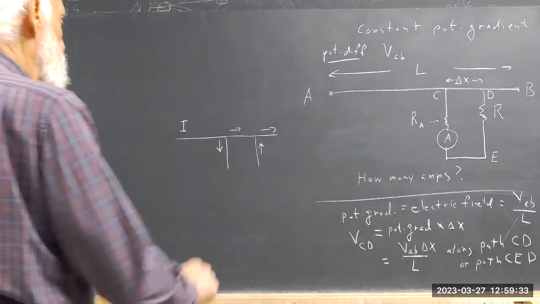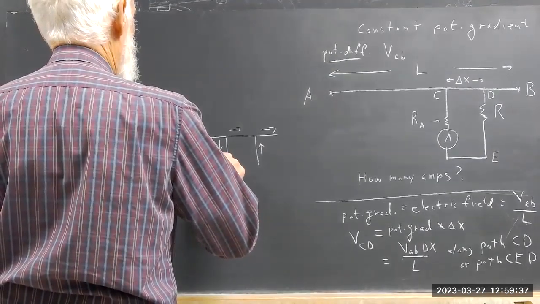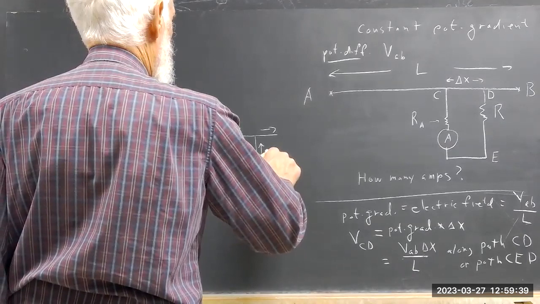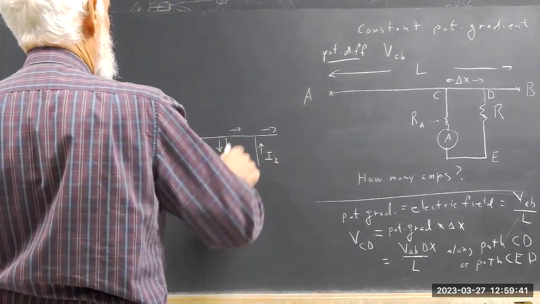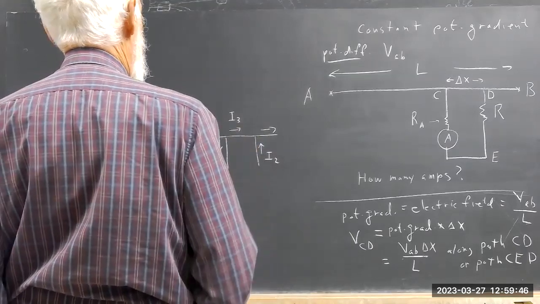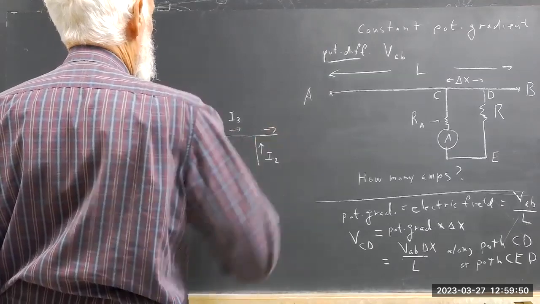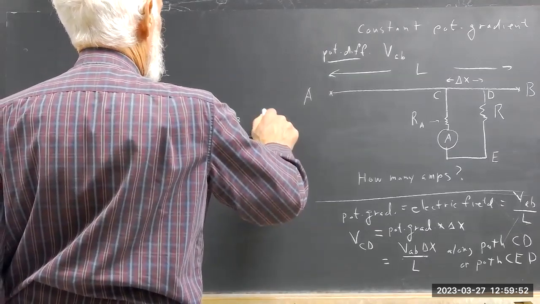Well, let's just call these currents. Let's call this current I1. Let's call this current I2. Let's call this current I3. And this current here has got to be I.